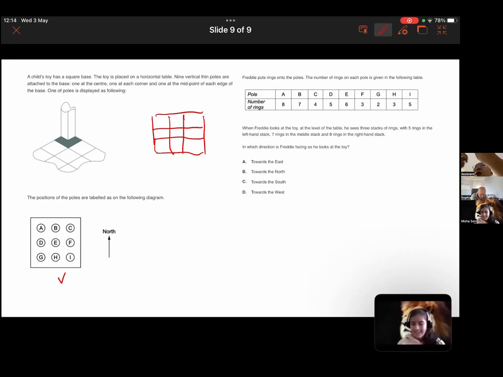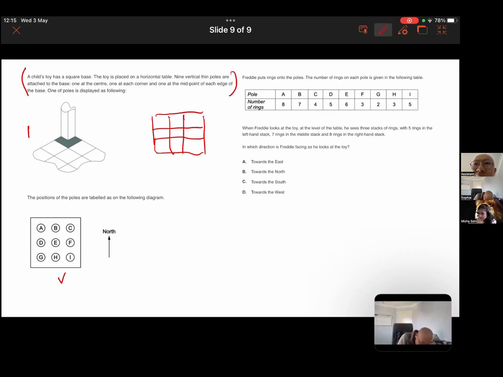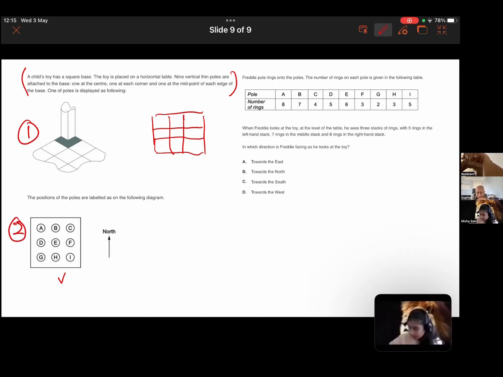But anyway, the whole part is just the description of image number one and image number two, how this works. Basically this is related to graphic reasoning. Image number two is how you look from the top.